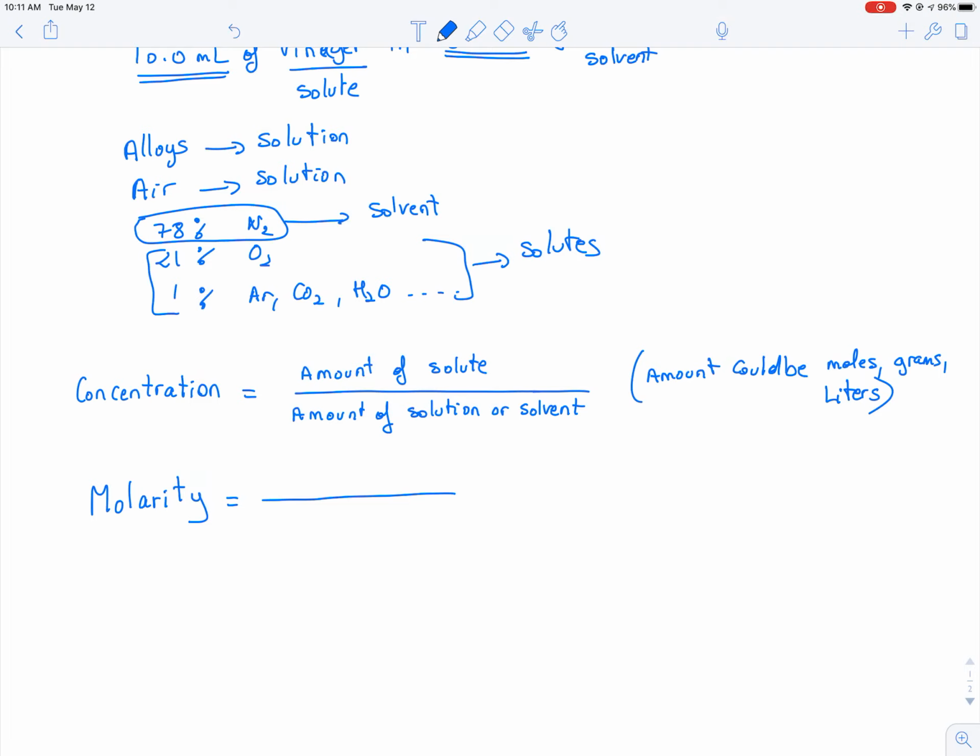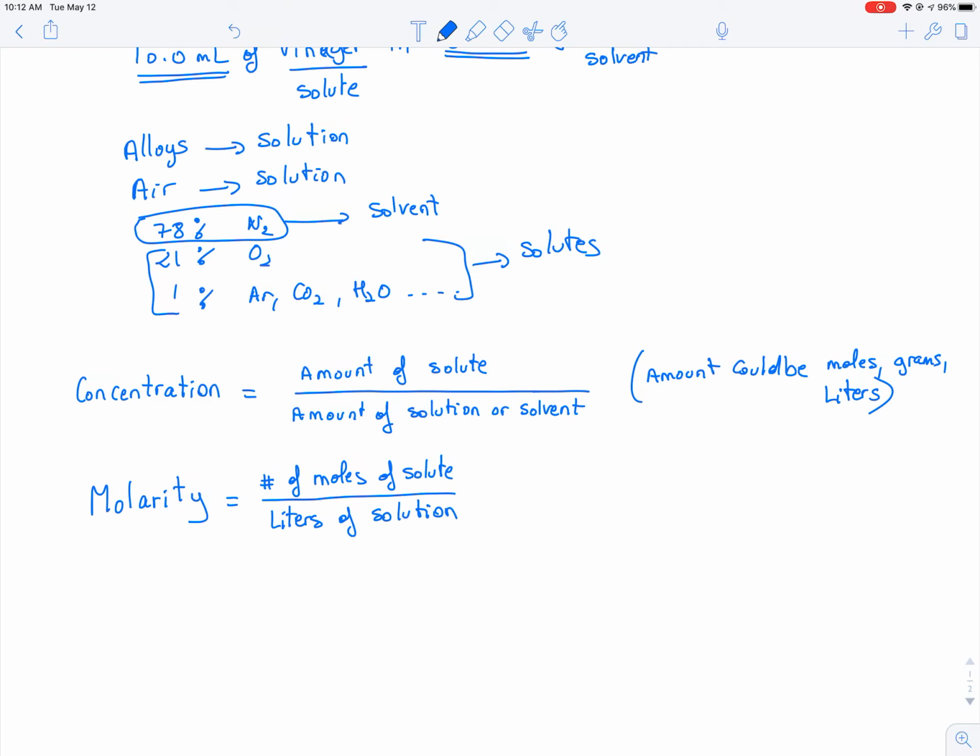Because in molarity, when we talk about the amount of solute, we really talk about the number of moles of solute. And when we talk about the amount of solution or solvent, we're really talking about the amount of solution in terms of volume. So that's why when you look at the definition of molarity, it's number of moles of solute over liters of solution.